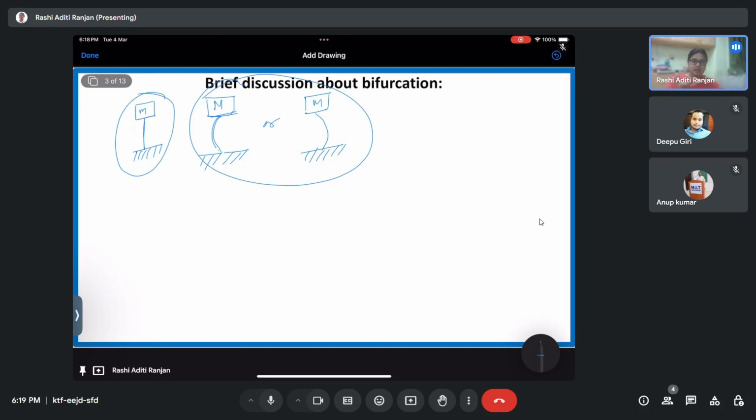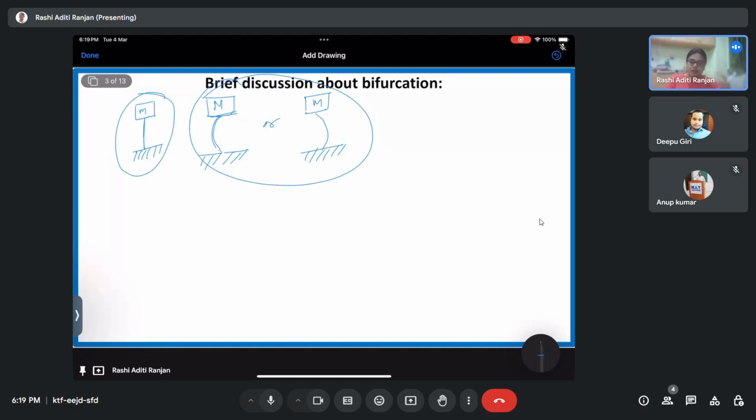I just changed the mass. I didn't change any property of the system, any geometrical property of the beam. I just changed the load, and corresponding to that, the equilibrium state changes. Here I call mass a parameter, right? So with the variation of the parameter, the number and the type of equilibrium points actually changed for my system.